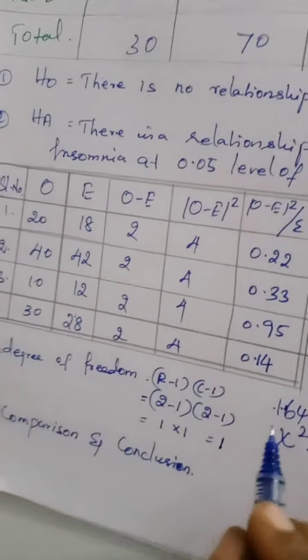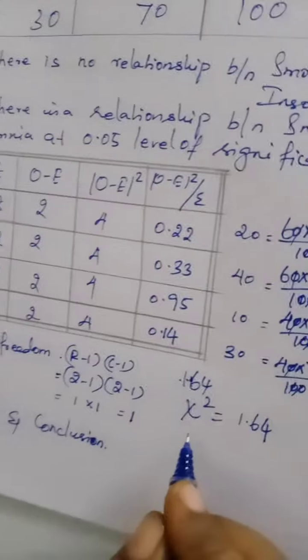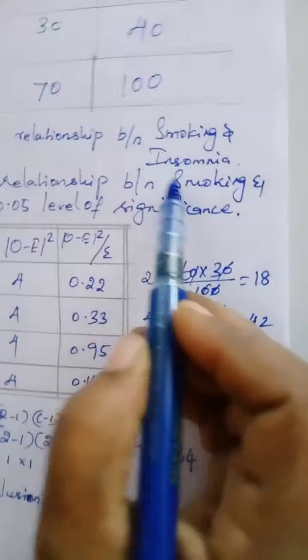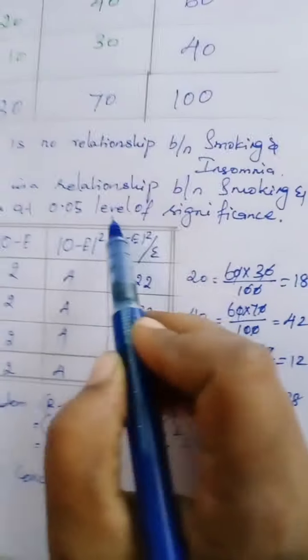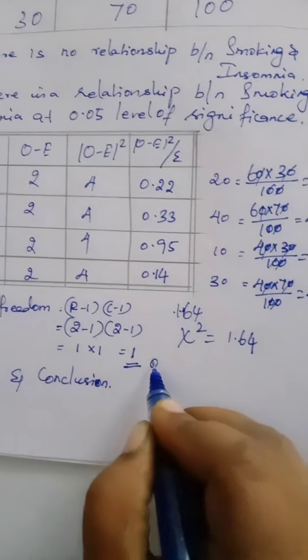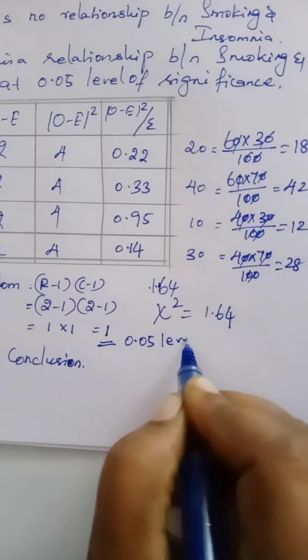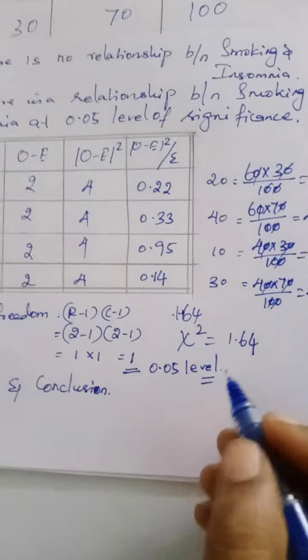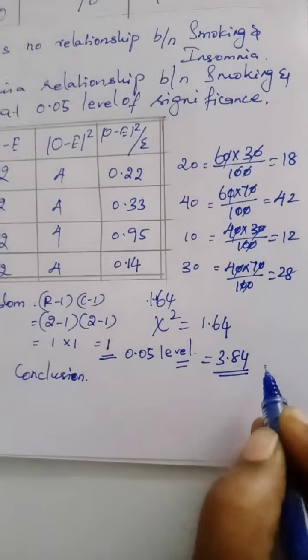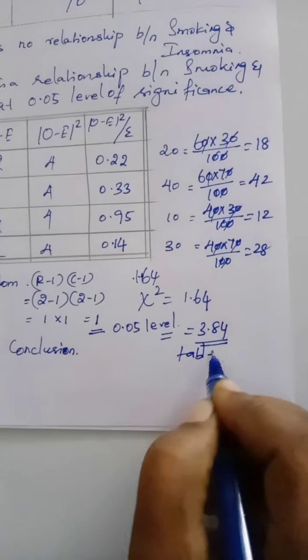Similar to the t table, we have a chi-square table. In the chi-square table we look at our level of significance, which we already stated as 0.05. For degree of freedom 1 at 0.05 level of significance, the value is 3.84. This is the table value.